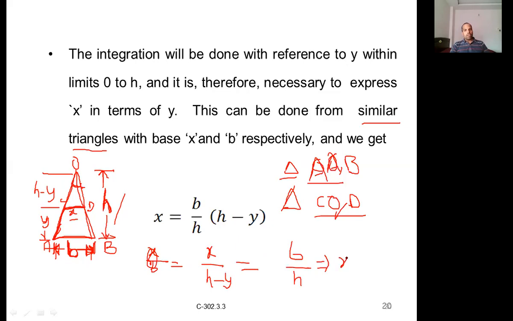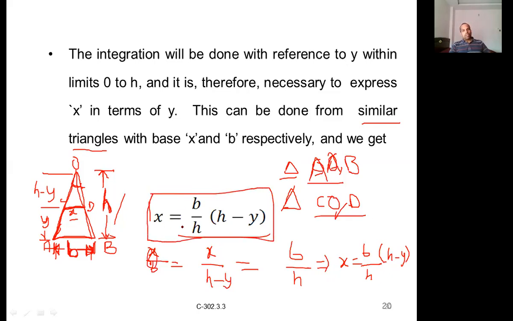From this you write x is equal to b by h into h minus y. That's the principle: x is equal to b by h into h minus y.